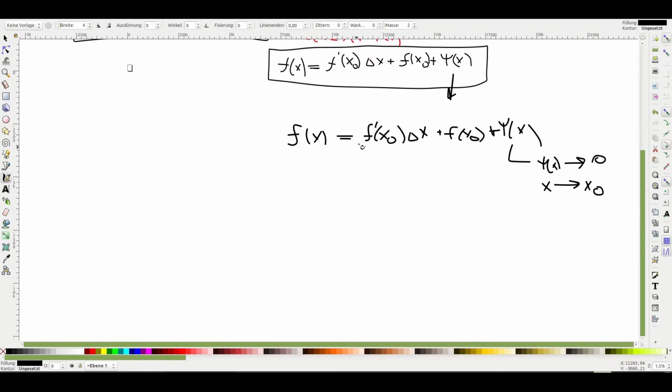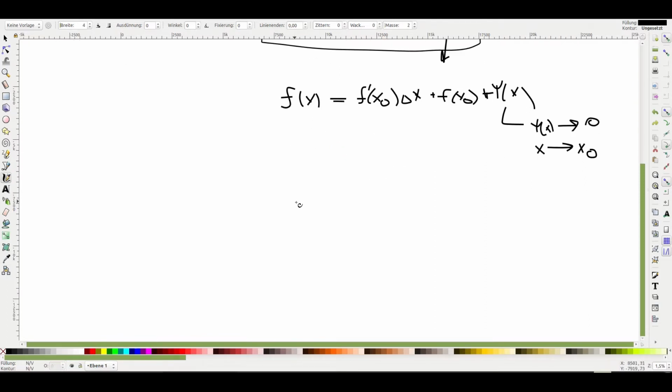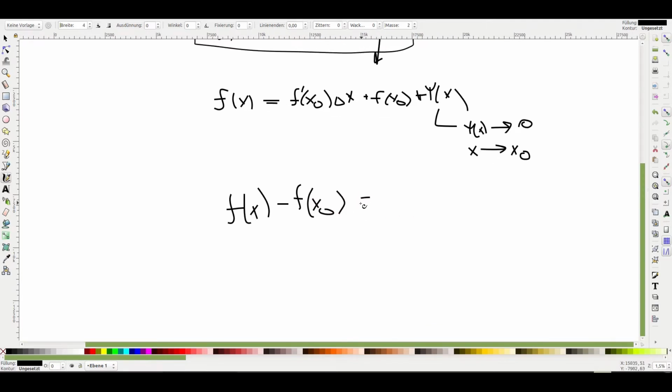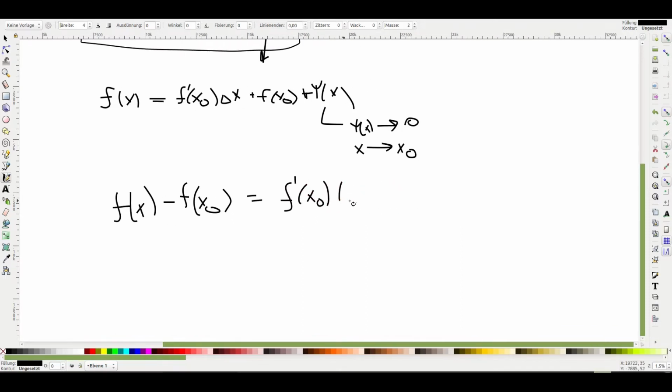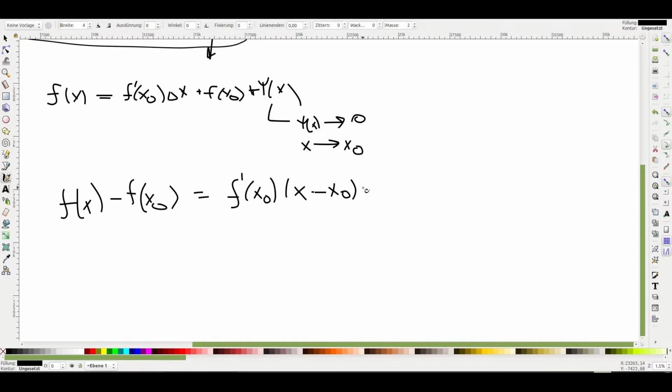So let's get this onto this side of the equation. Then we would have f of x minus f of x0 equal to the first derivative of f in x0 times delta x, which is x minus x0, plus psi of x.